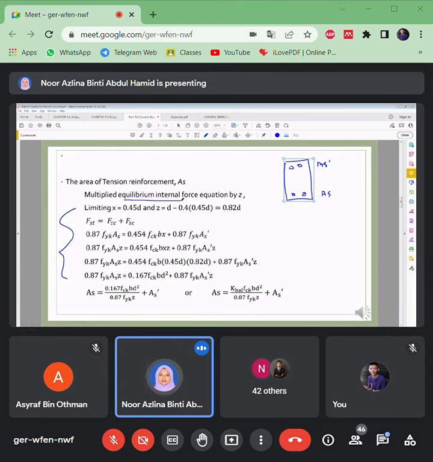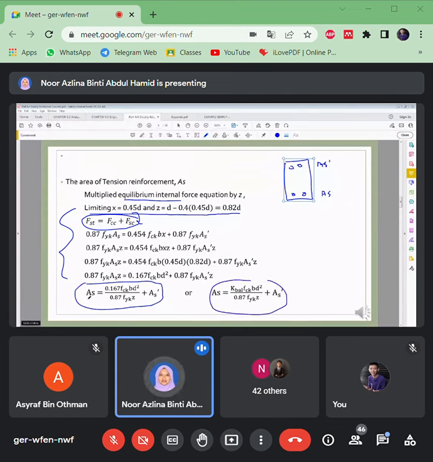It's based on equilibrium, and do the limitations by replacing the limitation for X and putting it in the equations of equilibrium. So at the end, you will get this equation for AS here.